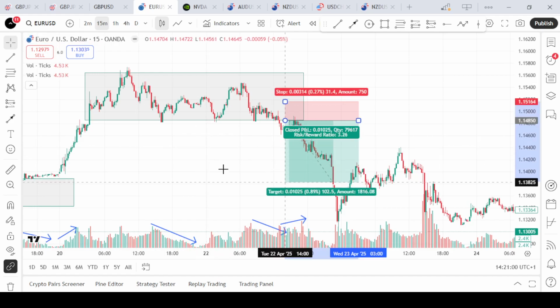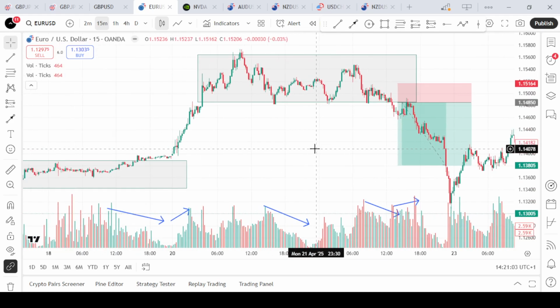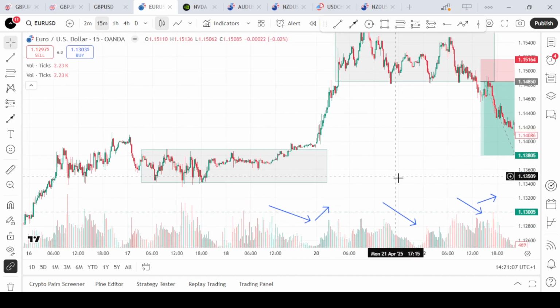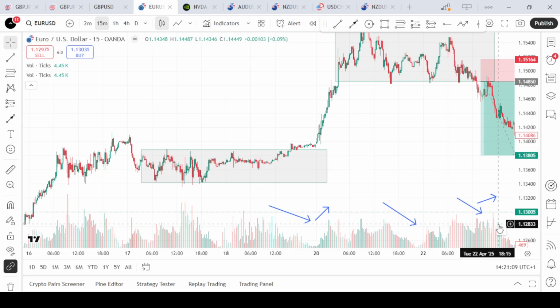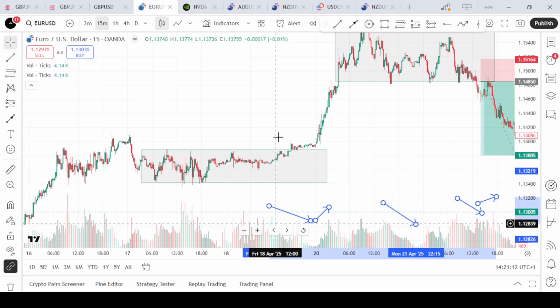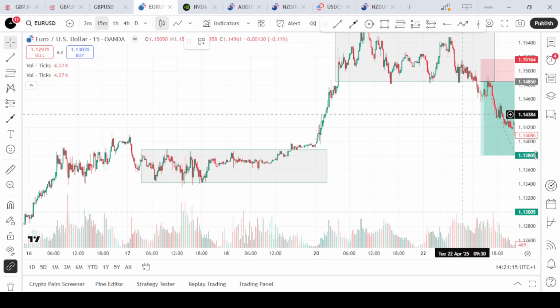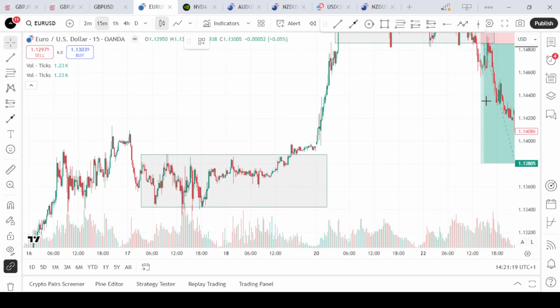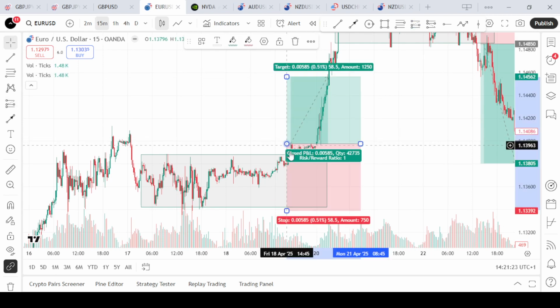Now let's look for a buy scenario, and as you can see in this range bound market, let me quickly clear my chart. In this range bound market, when price eventually broke out from the upside, you can decide to enter the moment price breaks out above the region.